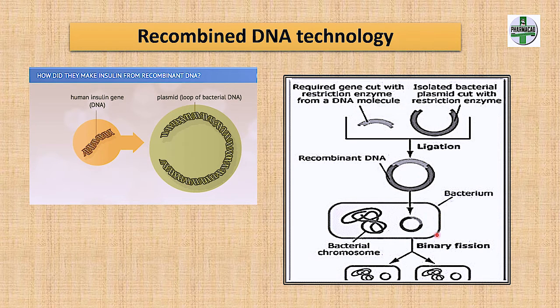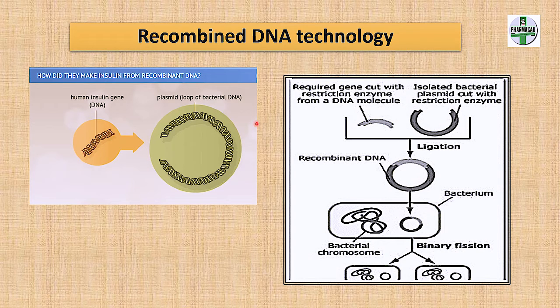Let's consider this bacterium. It has its own chromosome, which controls all its bacterial existence, while the plasmid is extra-chromosomal, which means even if we make any changes here, it won't affect the survival of the bacterium.